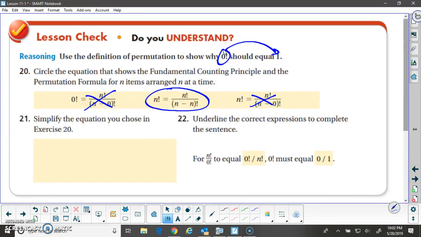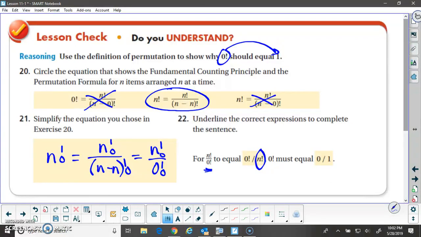So, to simplify this, n factorial should equal n factorial over n minus n factorial. And so that should be equal to n factorial over 0 factorial. And for n factorial over 0 factorial to be equal to n factorial, that means that 0 factorial must be equal to 1.